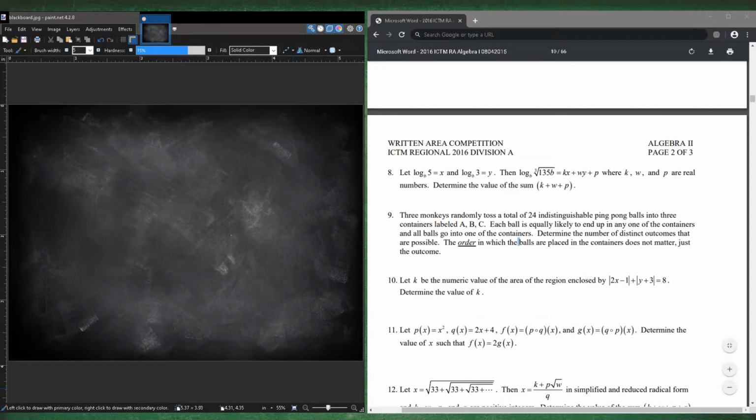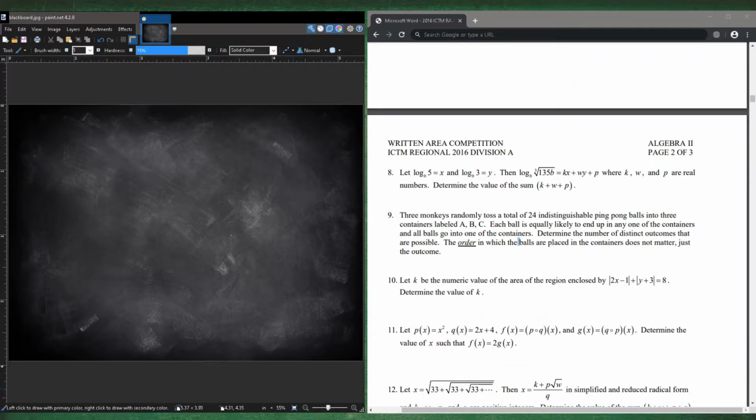And number 8. Let log base b of 5 equal x, and log base b of 3 equal y. So then we have to find this, where we are at k plus w plus p. So it's the log of the cube root of 135 times b.